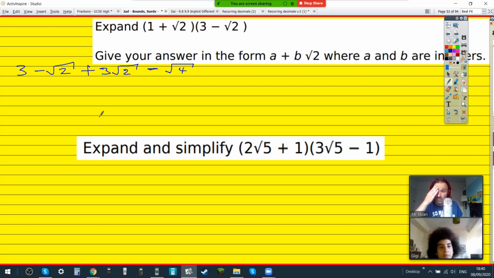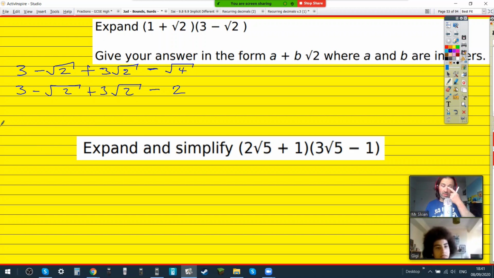So it would be 6 minus 4. What is the square root of 4? Just 2. Oh, minus 2. Okay.